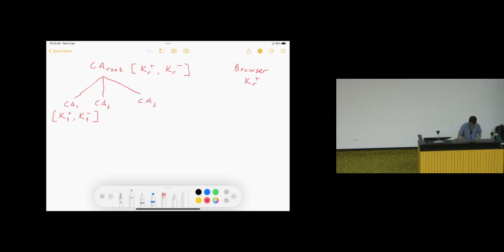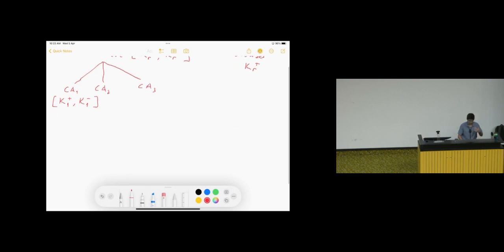But let's say now you want to connect to a web server. Let's say you connect to Alice's web server, all right? And Alice has her own private and public key pairs.